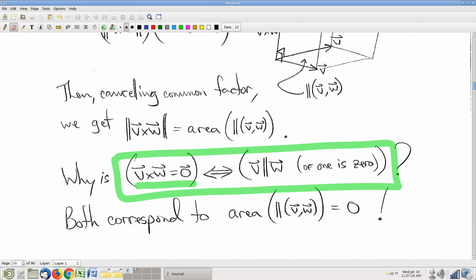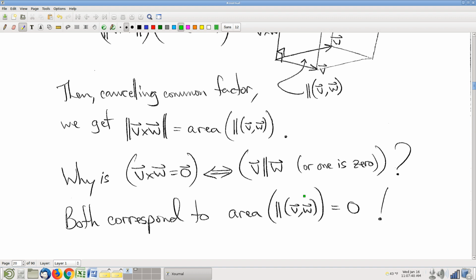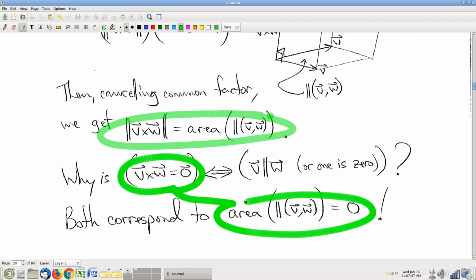And how do we see this is true again? So this was presented as, you can algebraically write this down, and that gives you some algebraic properties that you can play with to reach this conclusion. So, an easy way to see this: this fact immediately gives us that. If the magnitude of the cross product is equal to the area, well, the cross product being 0 would certainly mean the magnitude is equal to 0, which by the above formula means the area is equal to 0, and vice versa.